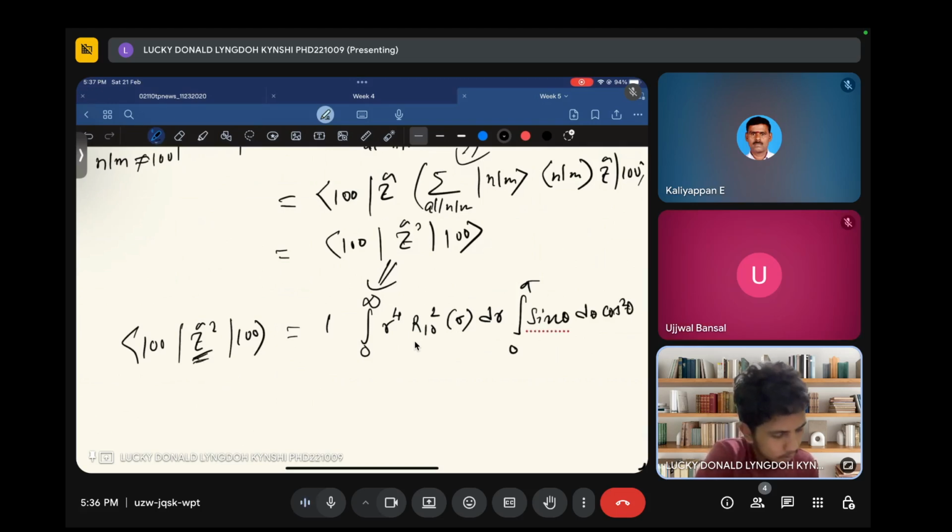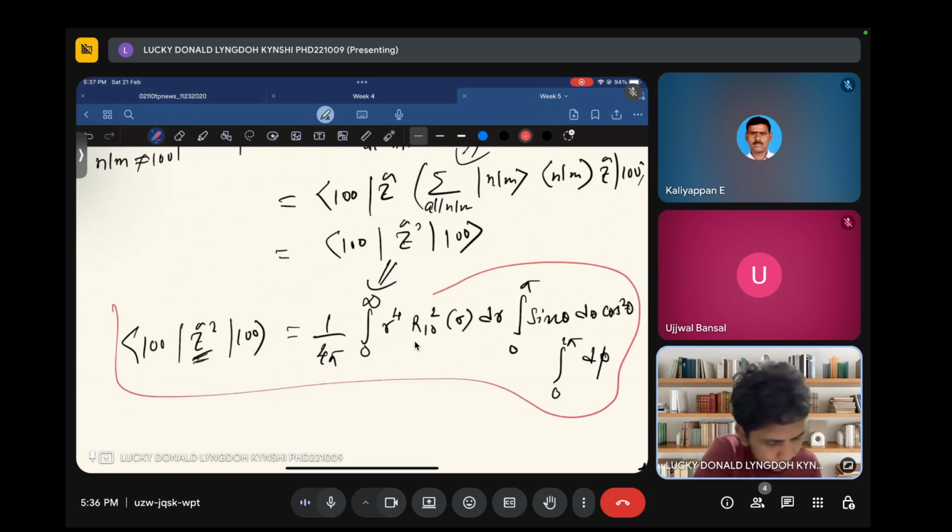Then finally 0 to 2 pi of d phi, which is equal to, again, 1 by 4 pi. So how do I get this? You just need to substitute r cos of theta, and you know the wave function of the 100. That means r of 10 square, and you will also have cos square theta, because here we got r cos of theta, and d phi remains the same.